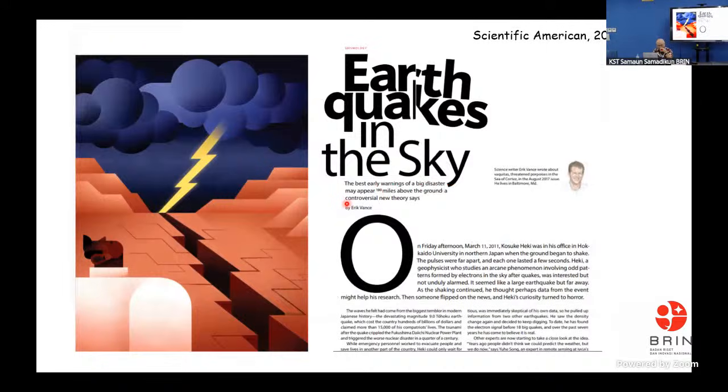This is introduced in many articles, and this is a popular science magazine in the USA. And this is the English version, and also there are a Japanese version and a Chinese version.